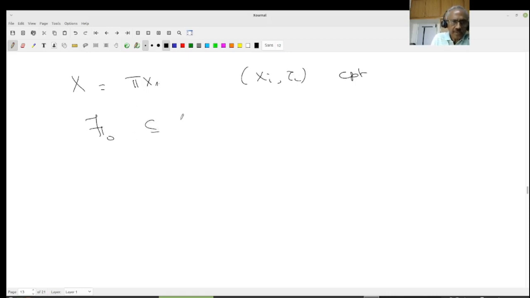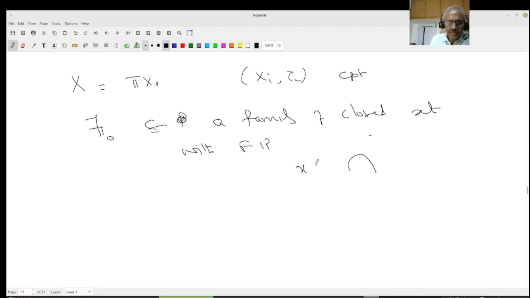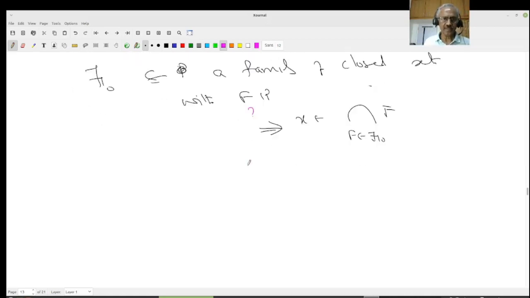Let this be a family of closed sets with FIP. What do we have to prove? We want to prove there exists an x in the intersection of F in script F naught. Then we know X is compact. This we had already seen, a well known result.